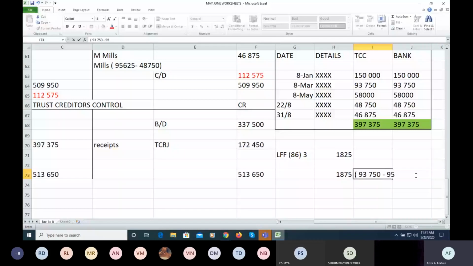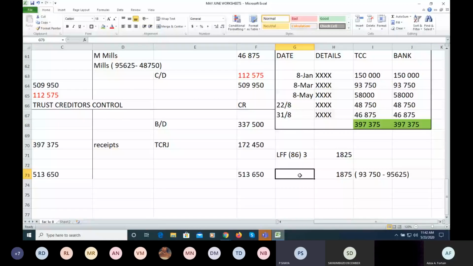So the difference was the 1875. And who does this money go to? Anybody? Trust? Does it go to moles, or who gets this money? Well, according to the question, I think it goes to Moles because he asked for that investment to be done.